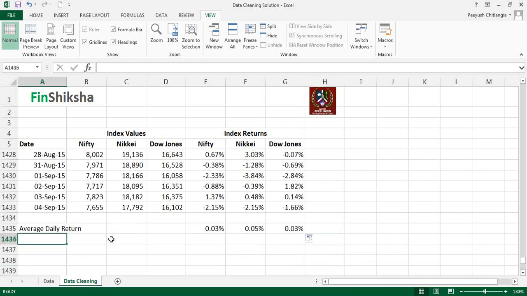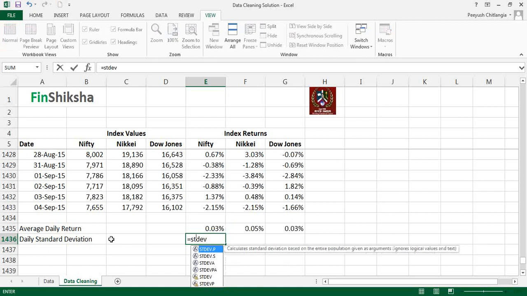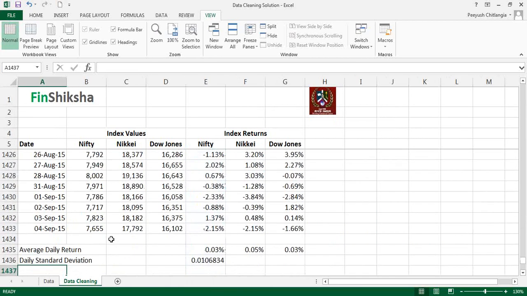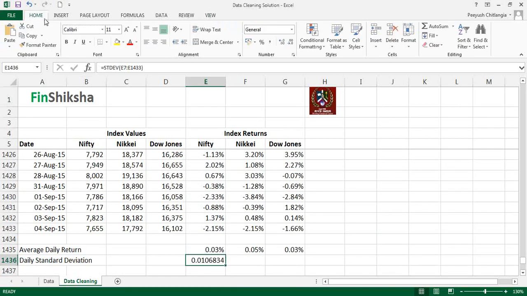The risk factor, or daily standard deviation, can also be found using the function called STDEV, and you could select this data and that gives you the standard deviation data as well. I'll have to convert this to percentages.